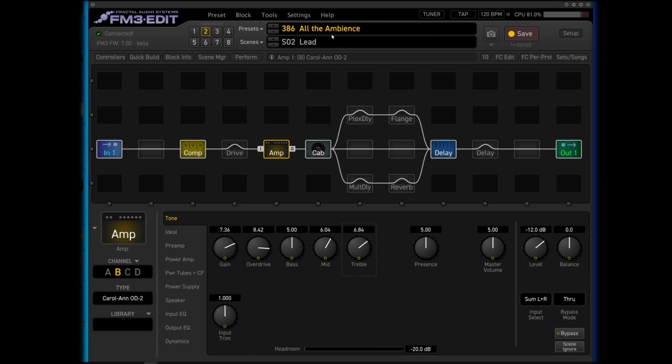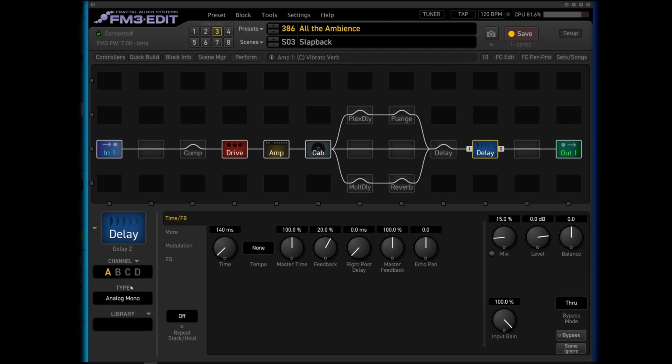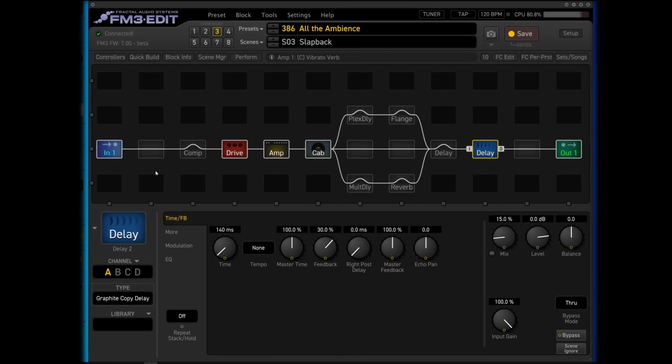So a different lead setting, and all of this again whilst we're at sort of like the 80% mark on the CPU. Then I've got a completely separate thing going on as well. So the amp here using the vibrato verb with Blues OD in front again, and a slapback kind of analog mono delay. I think we could use various types of delays still.